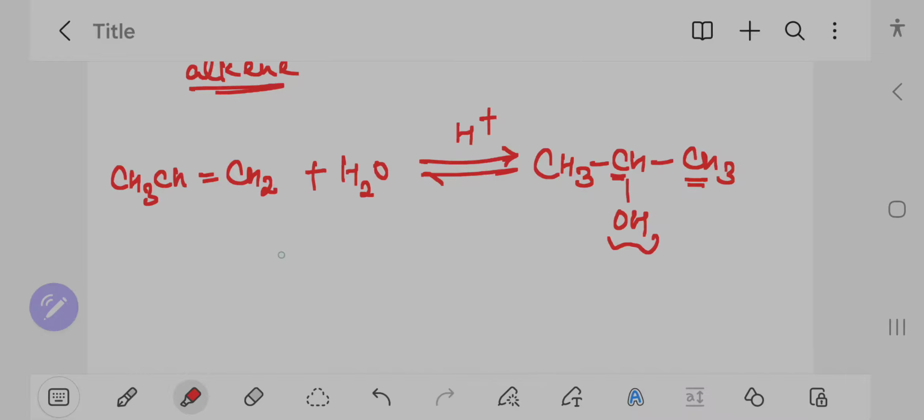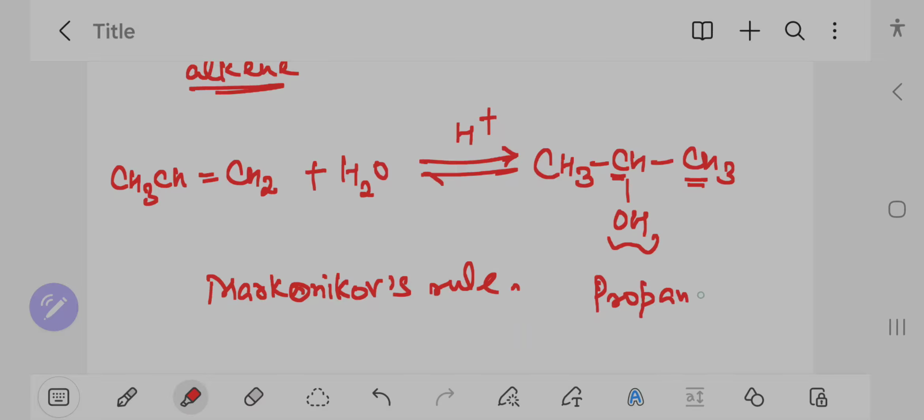This product is according to Markovnikov's rule. We can name this compound propan-2-ol.